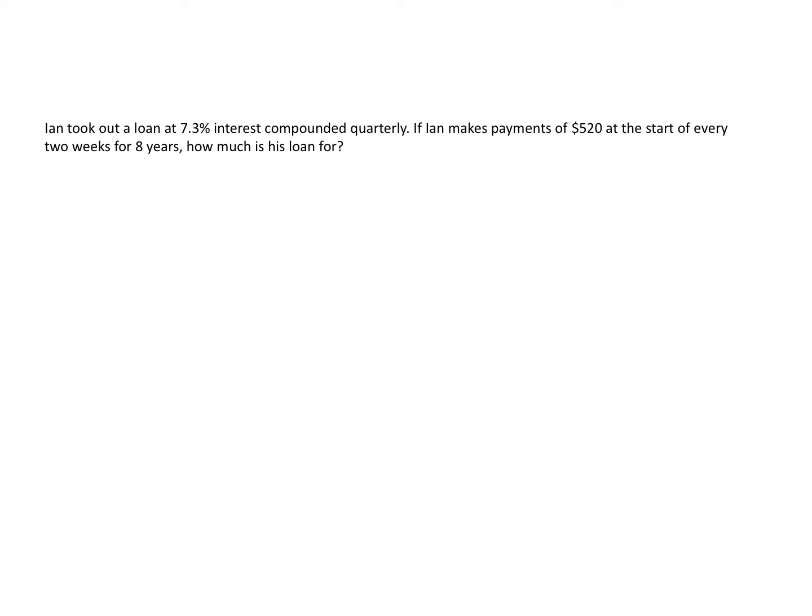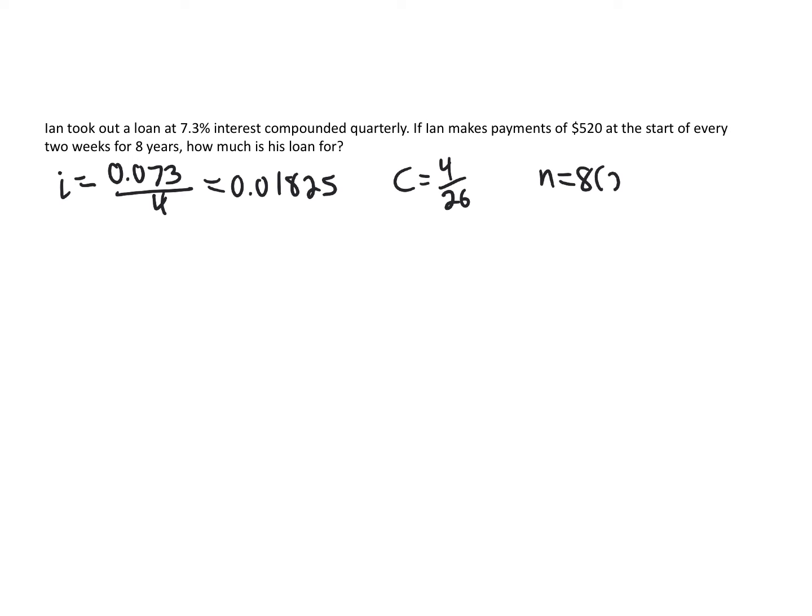Now it's the start of every week, so again, it's an annuity due. So we calculate the original I, we calculate our N, which is just 208, and then we need C and our modified I.